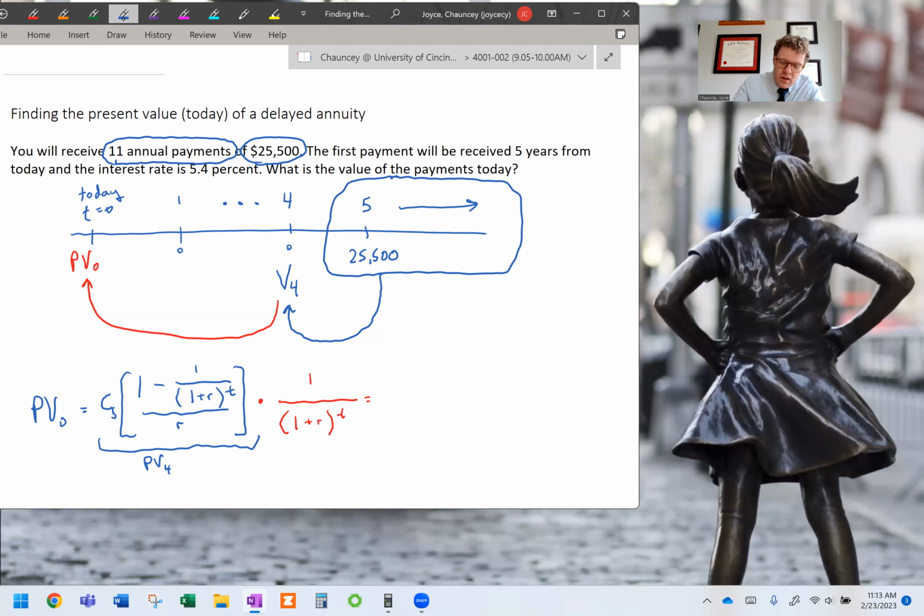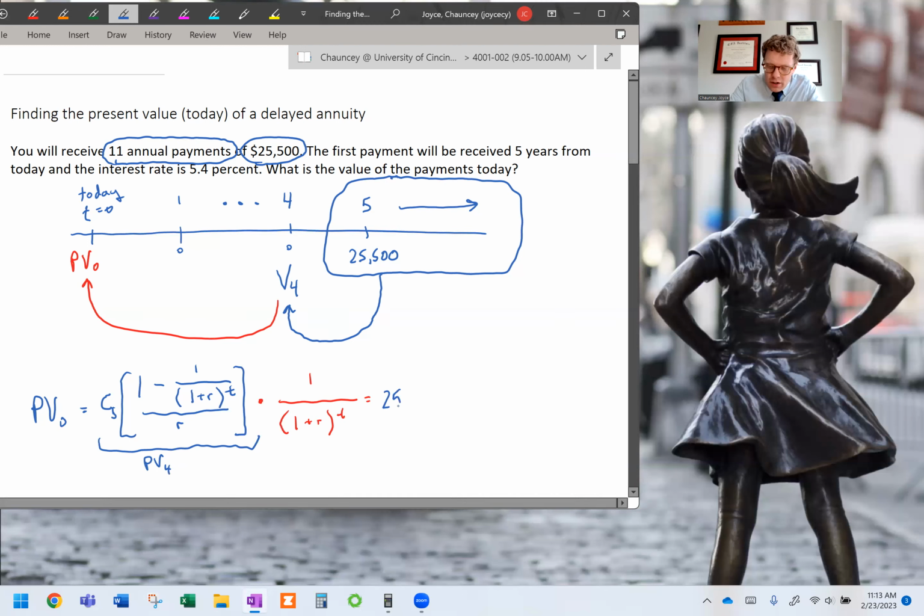So once we fill all this out, your annuity is $25,500 times 1 less 1 over 1.054 to the 11th. You get 11 payments of $25,500.